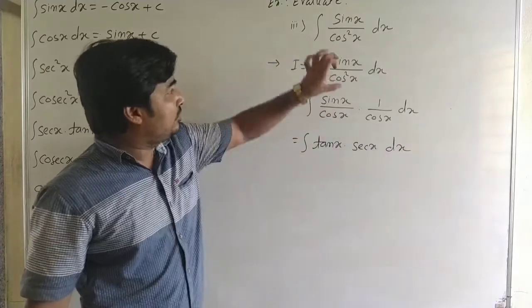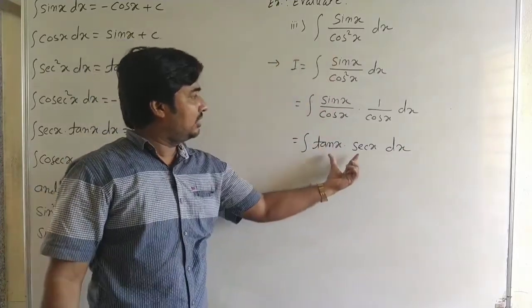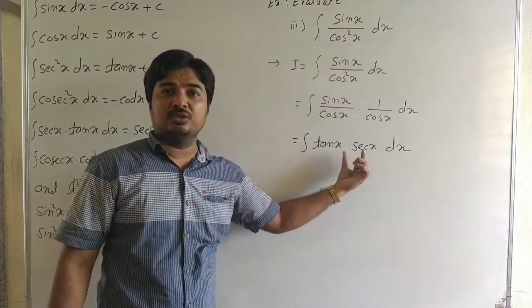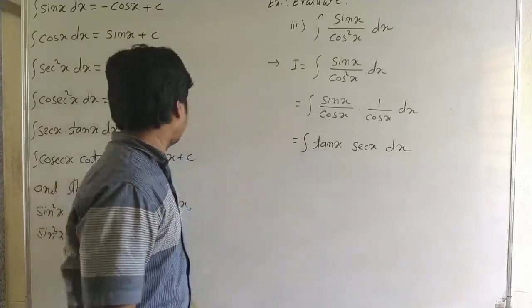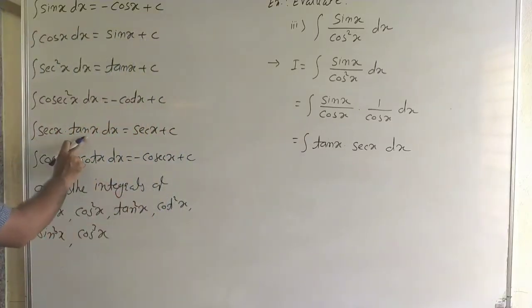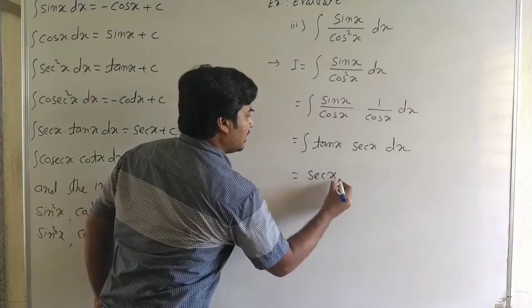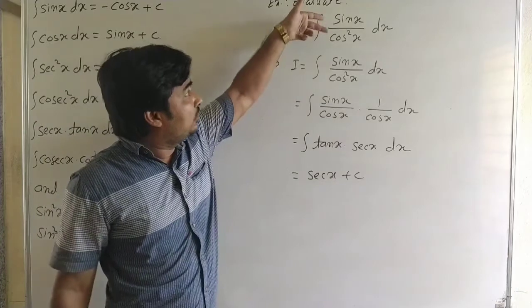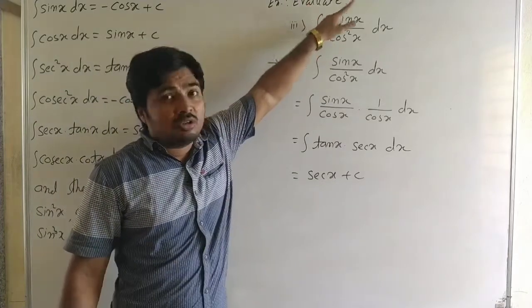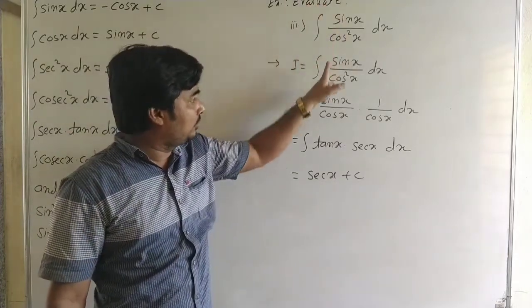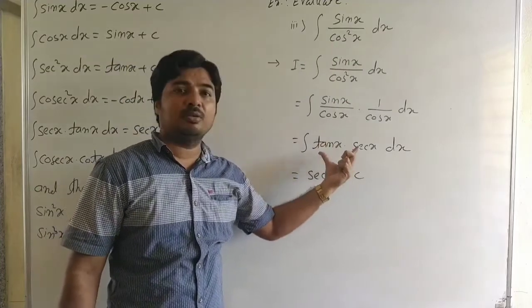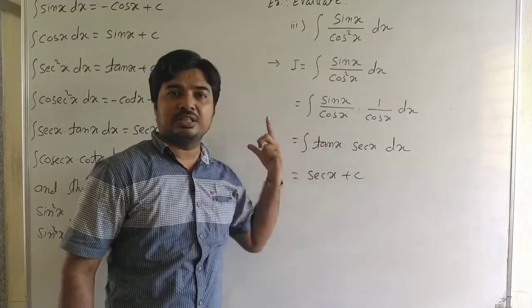Now this trigonometric function is converted into tan x sec x, which is a standard integral form. The integral of sec x tan x is sec x plus c. We convert this trigonometric function, which is not a standard integral form, into the standard integral form, and then the integration is sec x.